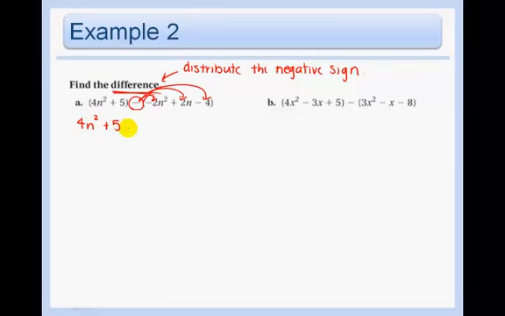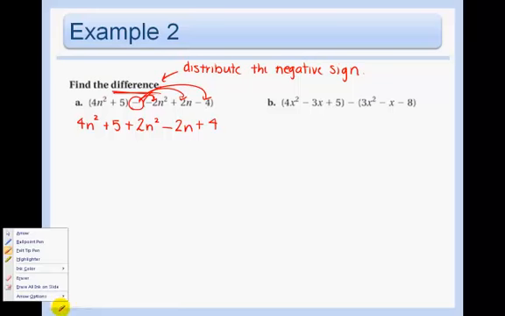Minus times a minus is a plus 2n squared. A minus times a plus is a minus 2n. A minus times a minus is a plus 4. So all I've done so far is distribute my minus sign.